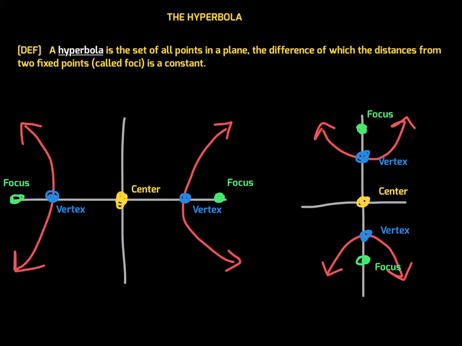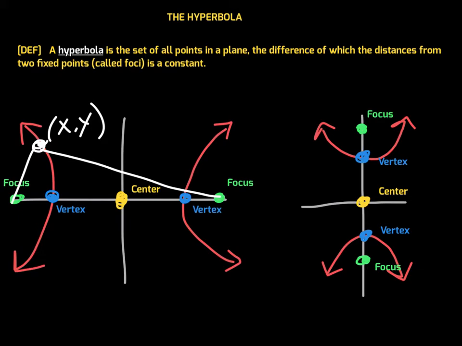Let me call out a point on one of these branches. So I called out a random point that's on the hyperbolic curve here. So this point here is on the hyperbola because this distance to one focus minus the other distance, the difference between these two distances, is constant for every single point on the hyperbola.